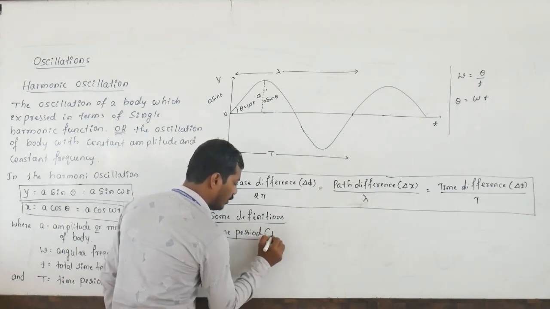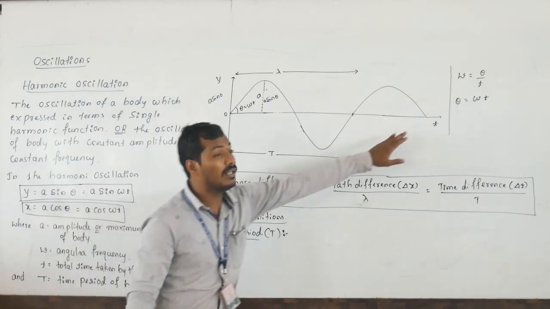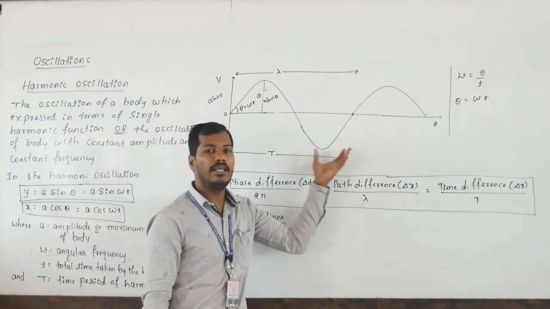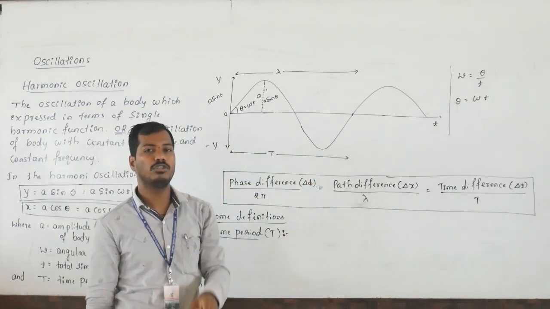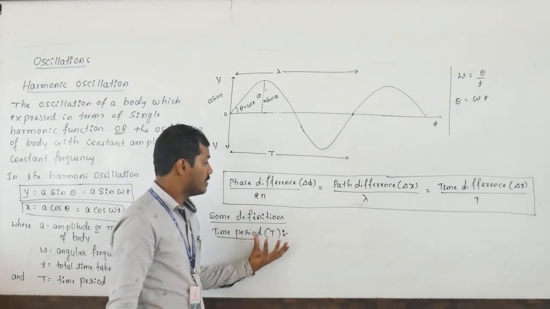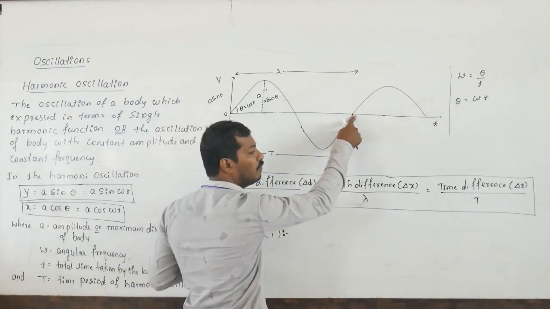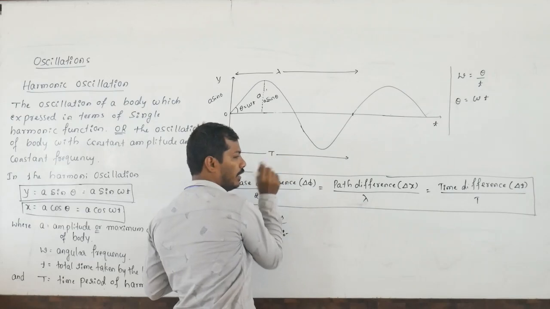It is denoted by capital T, the total time taken by the body for one revolution or a number of revolutions. T is the time from its mean position to complete one revolution.